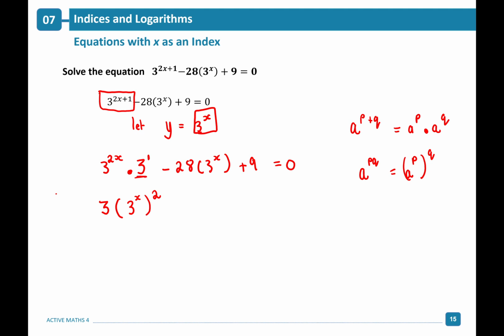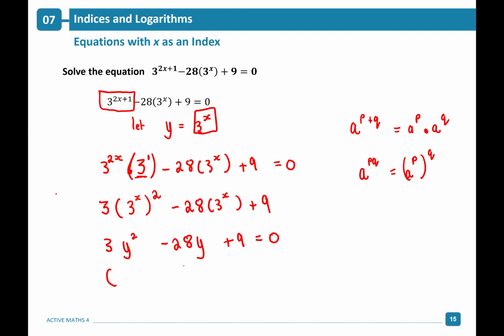So 3 times 3 to the power of x squared minus 28 times 3 to the power of x plus 9. So now we can substitute in y for 3 to the power of x. We now have 3y squared minus 28y plus 9 equals 0.